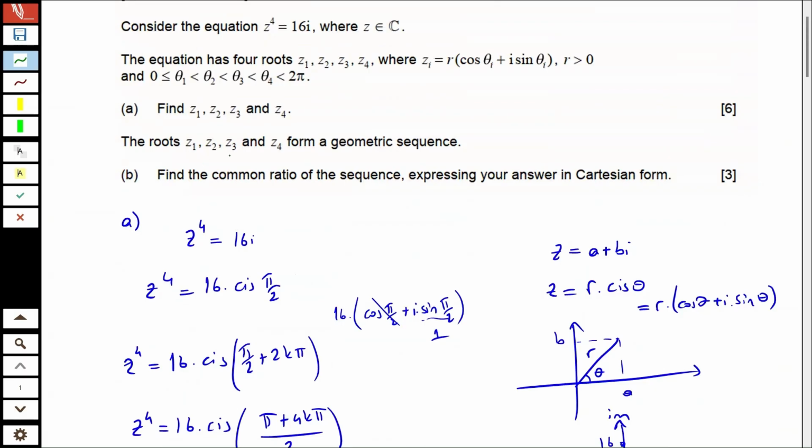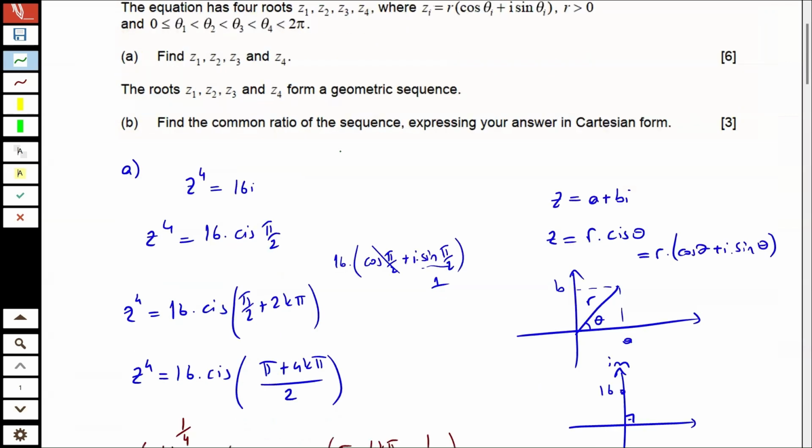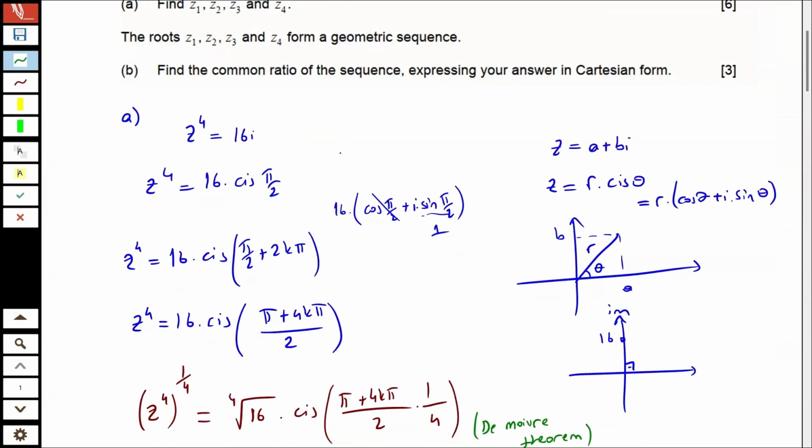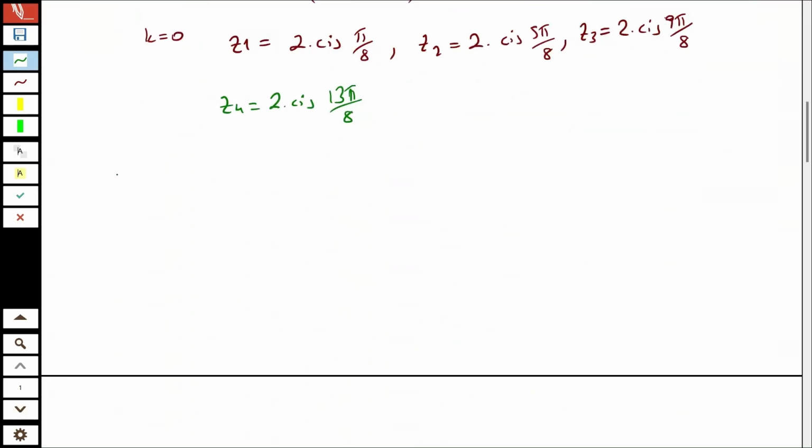In the second question, the roots Z1, Z2, Z3, and Z4 form a geometric sequence. Find the common ratio of the sequence, expressing your answer in Cartesian form. So let's say Z1 is 2 times cis pi over 8, and Z2 is 2 times cis 5 pi over 8.